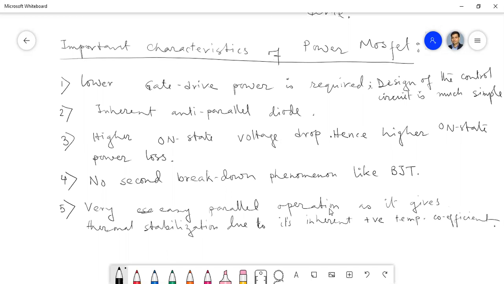Okay, is the point clear? That is how it offers very easy paralleling operation.